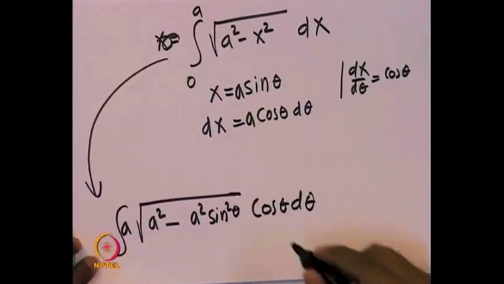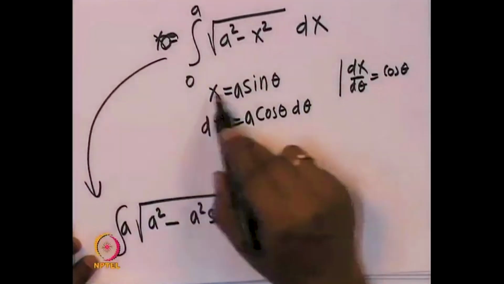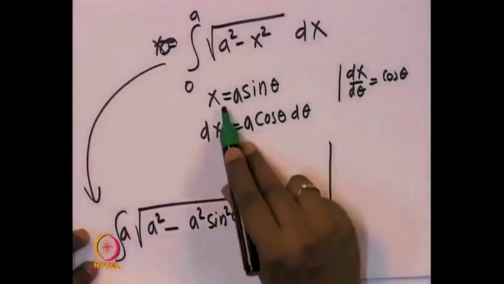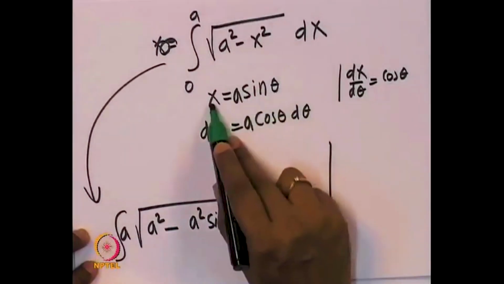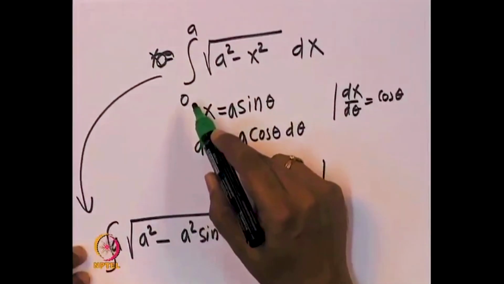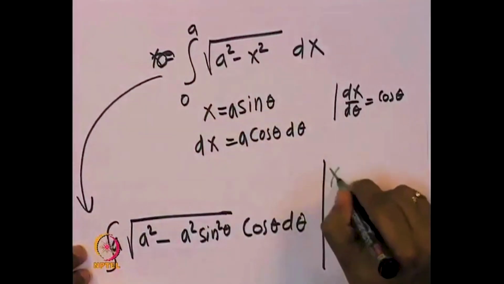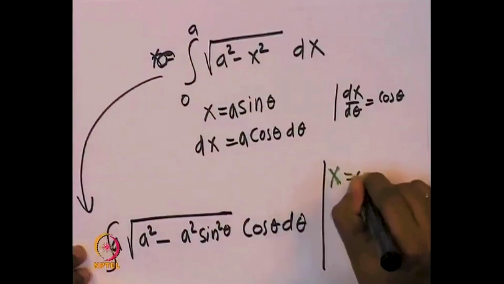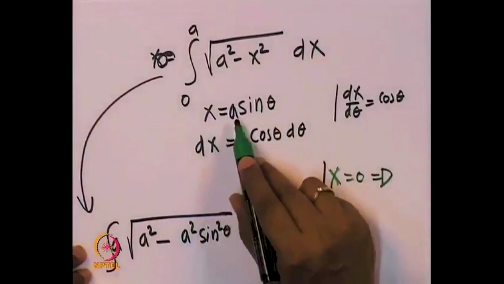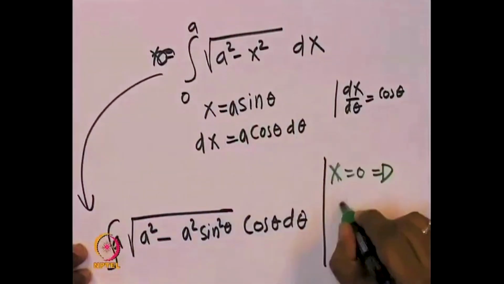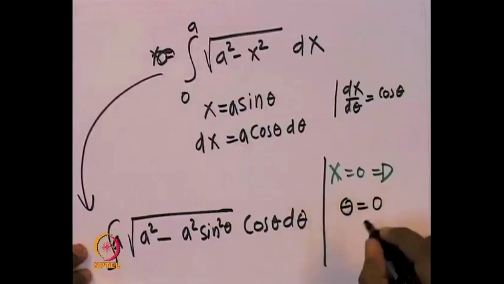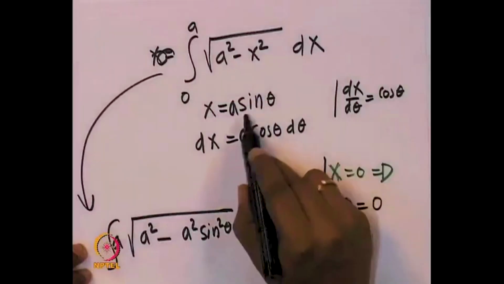Now, we have to think of the limit. So, what we have is x is equal to a sin theta. When x is equal to 0, the lower limit, this means sin theta is equal to 0. That means theta has to be 0, because sin 0 is 0.